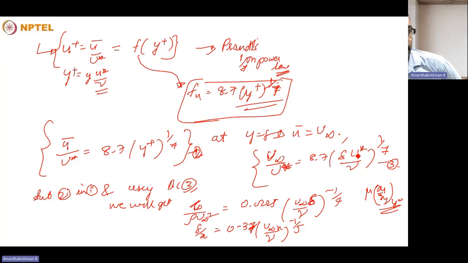This is another equation that corresponds to u star and the delta. So what we could write is that u star can be written as root of tau divided by rho. So you substitute the value of tau here, and you can get the value of delta in terms of x.